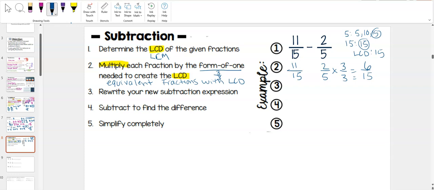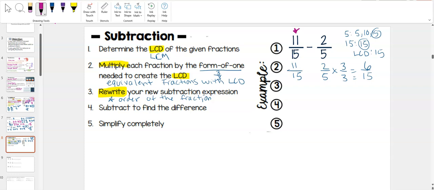Now, pay attention in this next part, because when we write our subtraction problem, we need to make sure to pay attention to the order of the fractions. Because with subtraction, if I flip-flop my first fraction and my second fraction, it's going to be wrong.